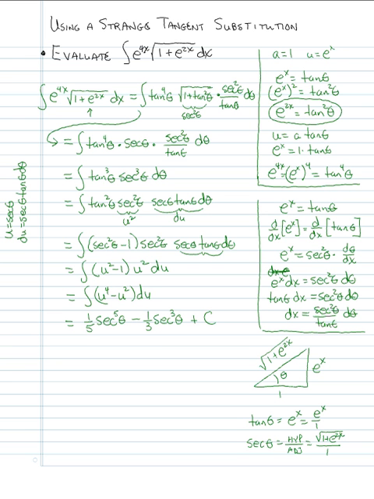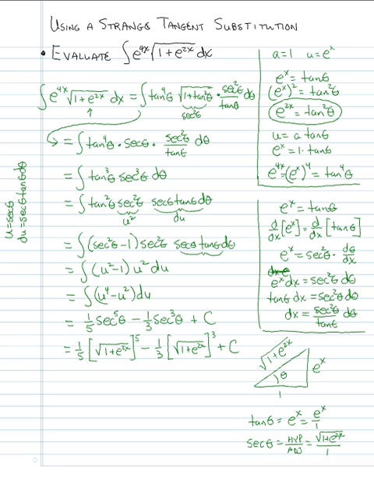So here's what we have. We're going to replace secant with the square root of 1 plus e to the 2x, and of course, that's raised to the fifth power here. Minus 1/3, we're replacing secant with the square root of 1 plus e to the 2x, raised to the third power, plus our constant of integration.